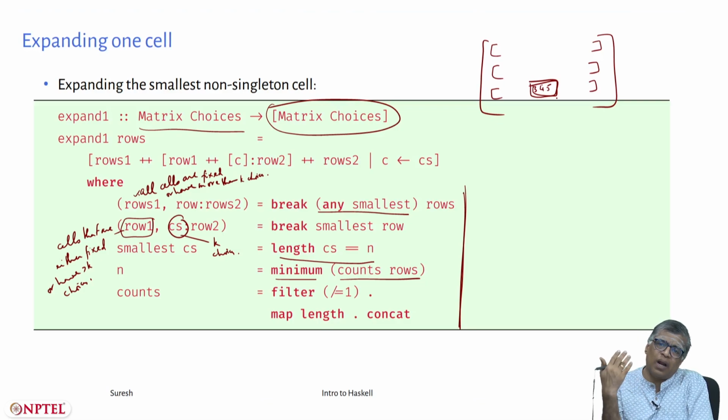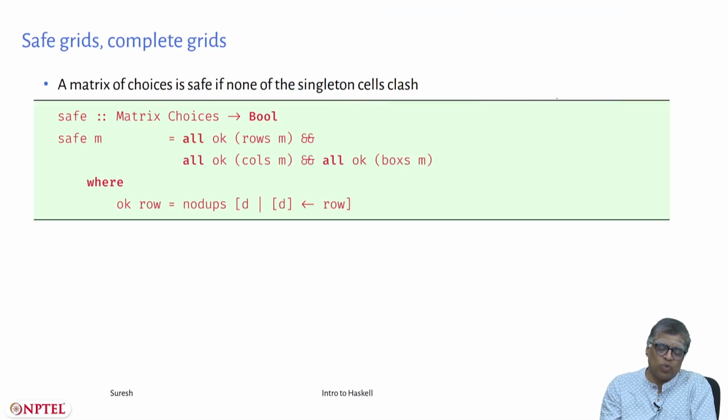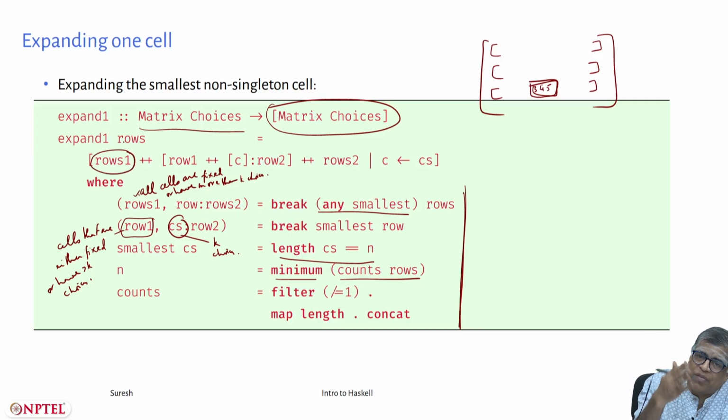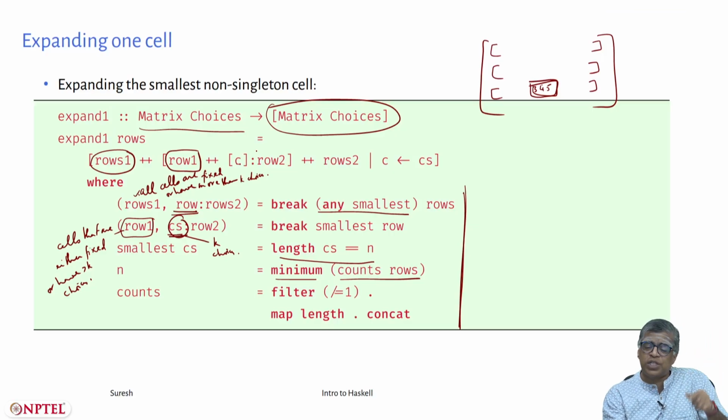I will take this and I will expand this. So what am I doing? I am doing rows 1, which is all the previous rows, plus instead of this current row, all the cells that come before are the same, and here instead of Cs, earlier it was Cs, now I am replacing it with each C belonging to Cs.